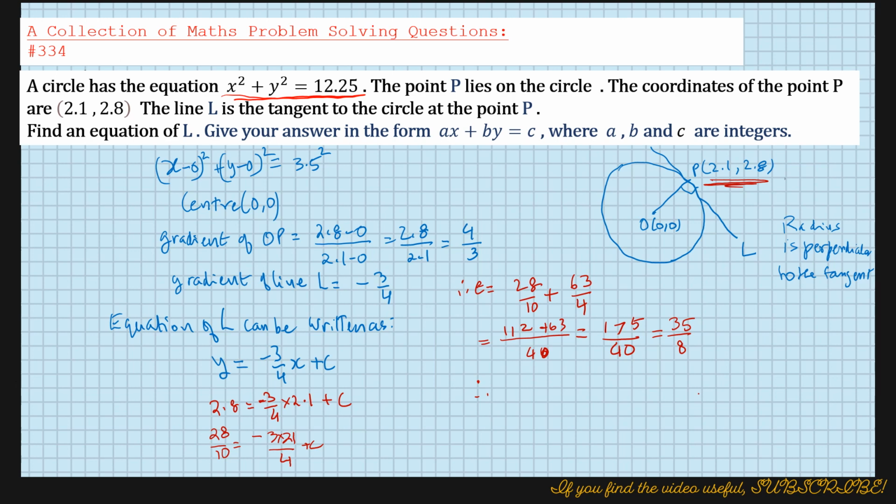And therefore the equation of L would be y = mx plus c, where m is −3/4, plus 35/8.